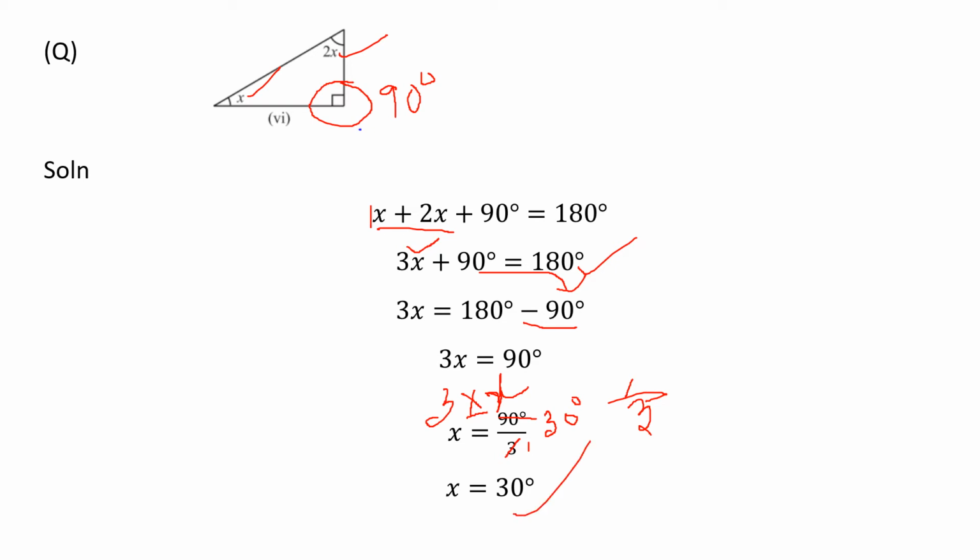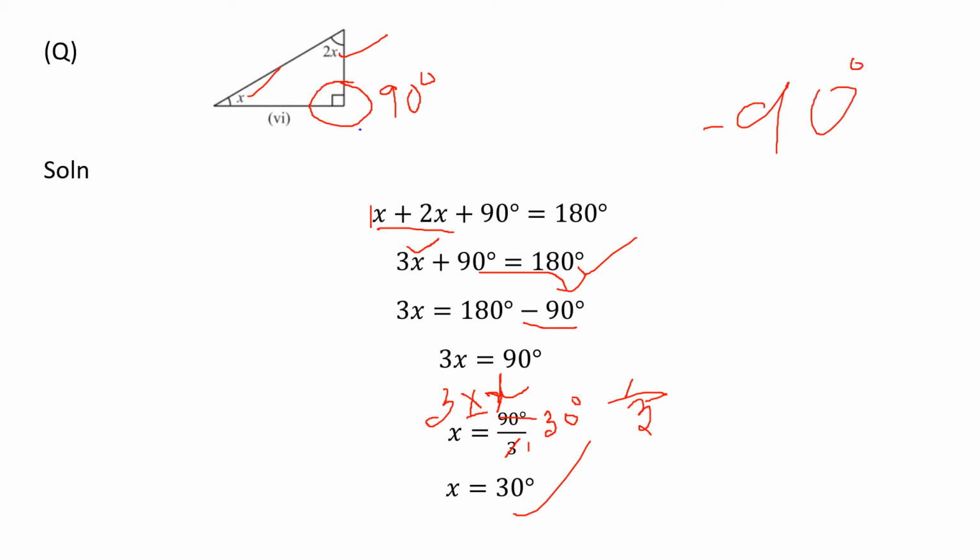Okay, children. So in many places we are using the equation method for solving. So you all know how to solve an equation. When plus 90 is on the left hand side and you bring this plus 90 to the right hand side, it becomes minus 90. For example, if on the left hand side it is minus 90, when you bring that to the right hand side, what does it become?